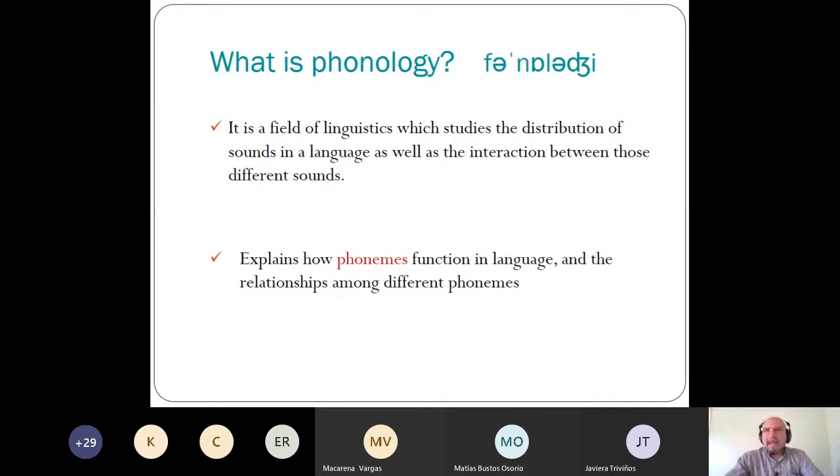But languages allow a specific combination of sounds, or phonemes, which is another technical word we're going to be using. Phonemes. Some languages allow that some sounds may be placed in the initial position.